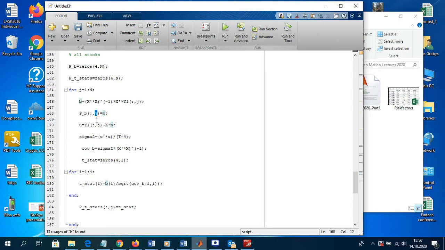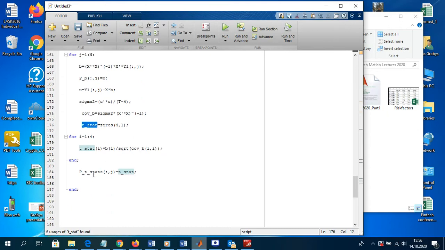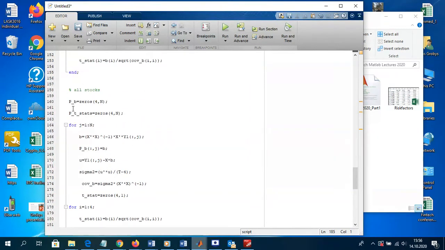And again, we get a new residual vector, depending on our new estimated beta hat and on the excess returns of the second stock. We get a new residual variance denoted here as sigma 2. We get a new covariance matrix of the parameter vector beta. We get new t-statistics, of course. Everything is overwritten, and that's why we want to store it in our result matrices that we have to put, of course, before the for loop.